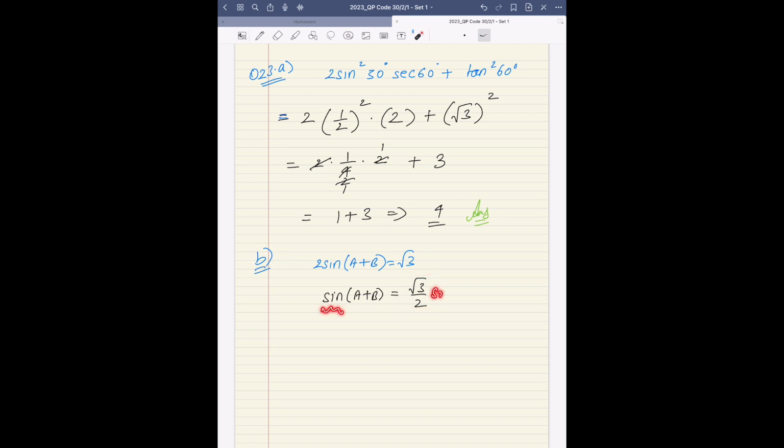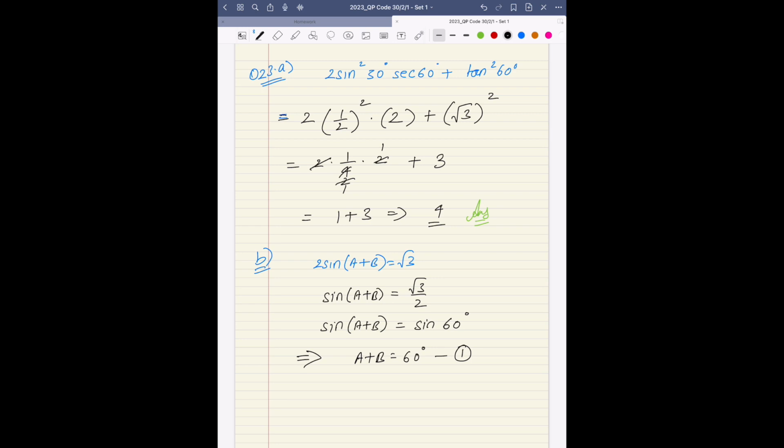So I need a sine over here. What is root 3 by 2 in terms of sine? It is from particular angles. It is sine 60 degrees. Sine 60 degrees is root 3 by 2, which implies that A plus B is 60 degrees. This is your equation 1.